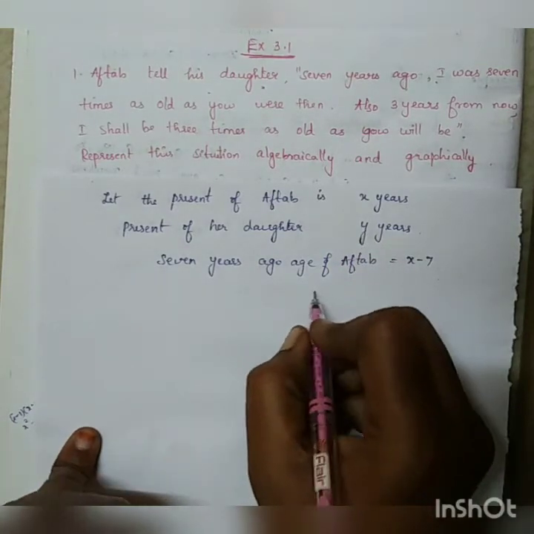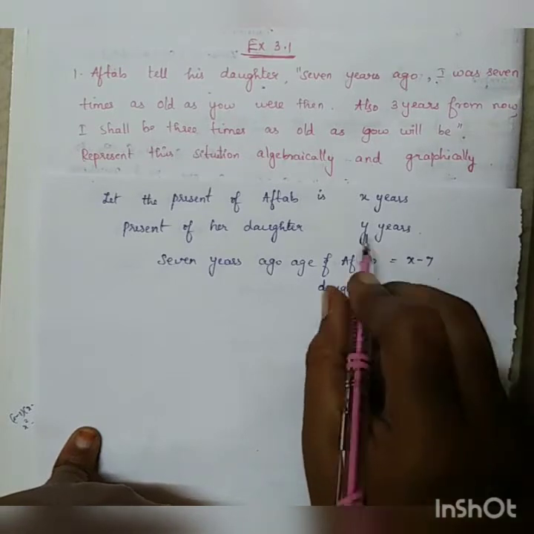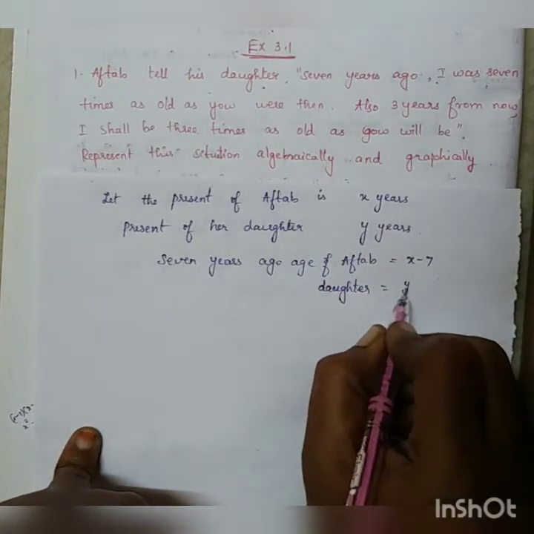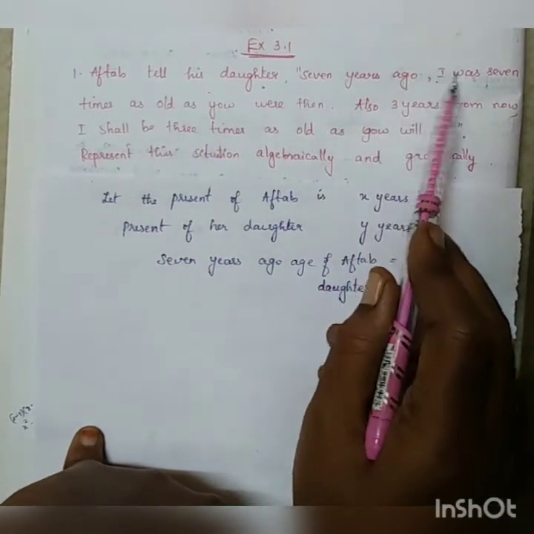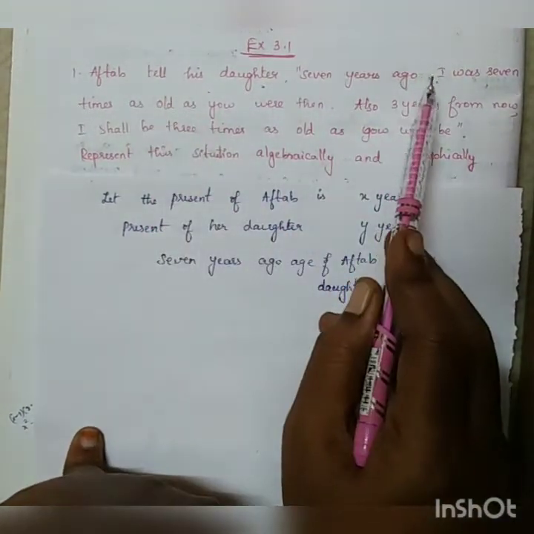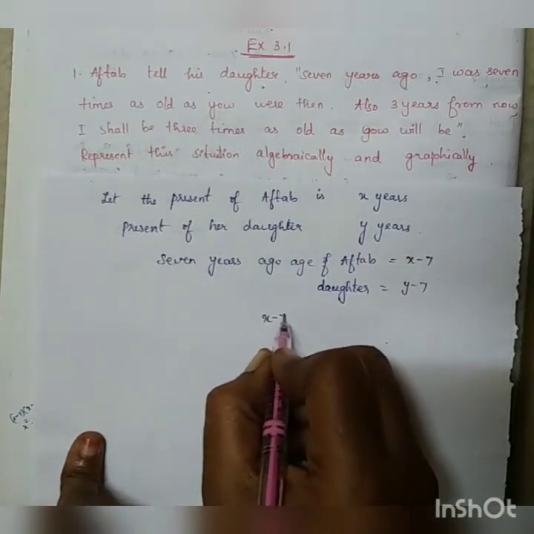Now similarly his daughter, we also have to go 7 years back, so y minus 7.